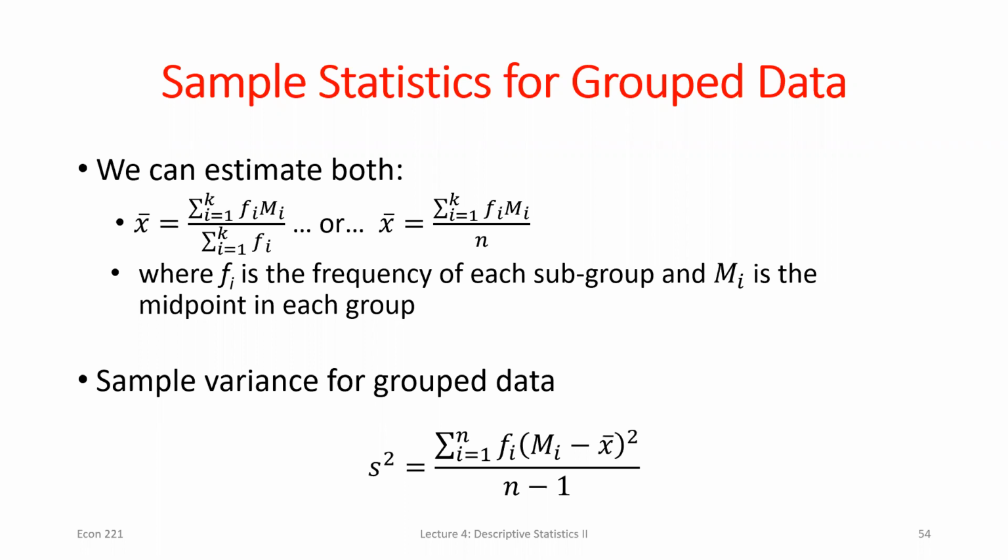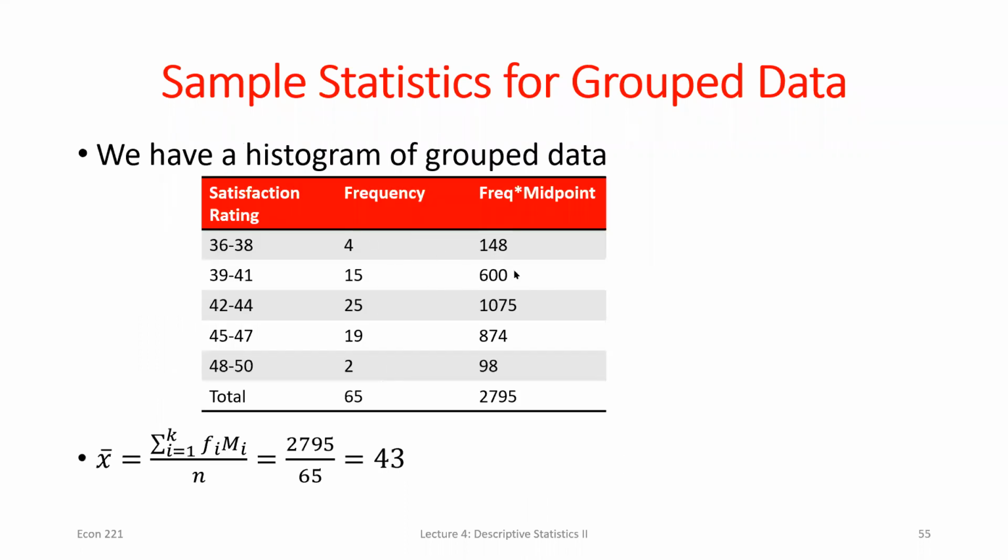All right, so here, if I wanted to walk through this, I've got the satisfaction rating. I'll use the midpoint of 37 times the frequency for this group, so 4 times 37, and write that number down. Next group, 40 times 15, write that number down. I'm multiplying the weight or frequency by the midpoint for each one of these bins.